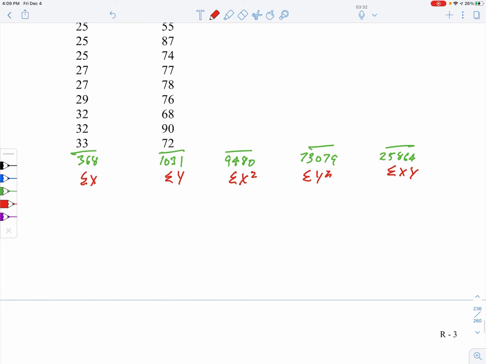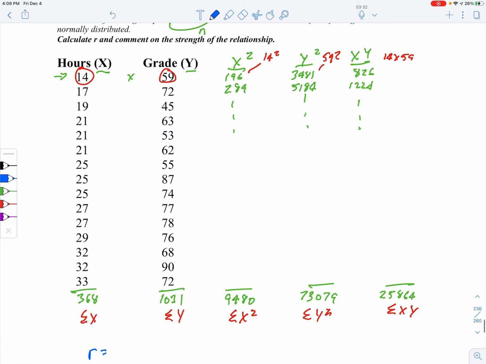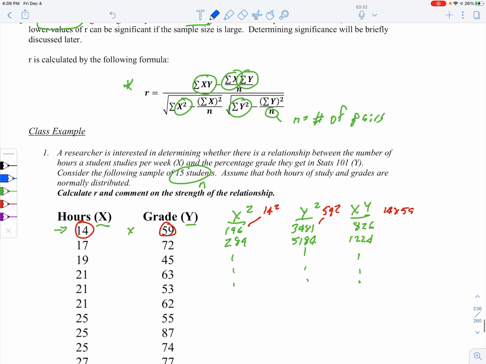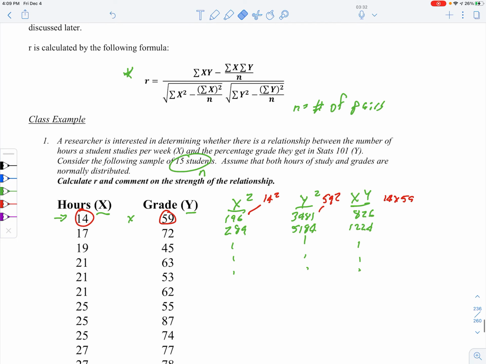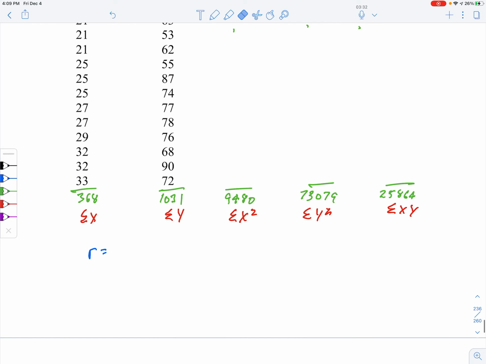Now, let's go and calculate the r value for that. So r is equal to, and I'm going to use this formula up here. Let's just clean that up a little bit. All right, so the sum of the xy's, which would be 25,864 minus the sum of the x's times the sum of the y's divided by n.